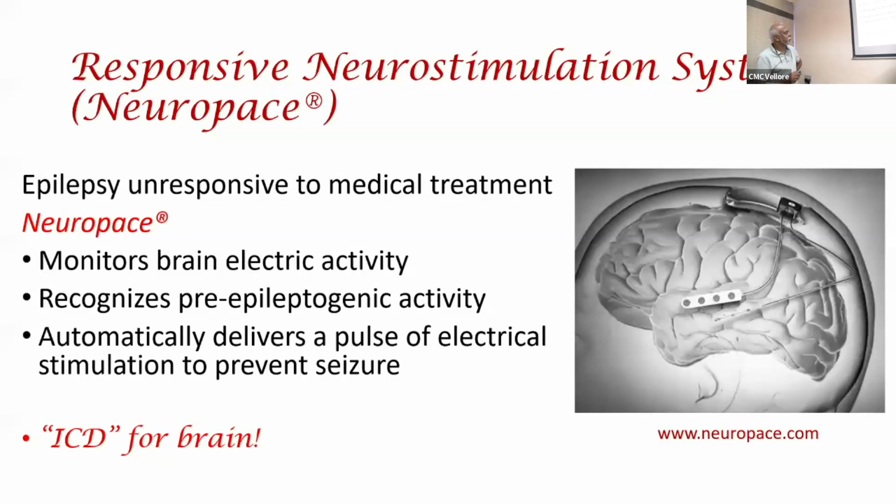Basically there are monitors on the temporal lobe where they detect the origin of the epilepsy, and they recognize pre-epileptic activity. Once they sense that, it automatically delivers a pulse of electrical impulse. It's basically like an ICD for the brain, because it senses something is coming on, it gives a surge and they just neutralize it.